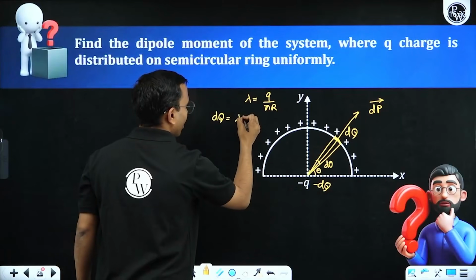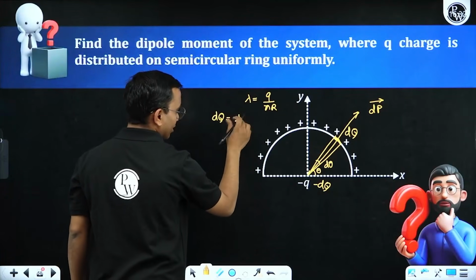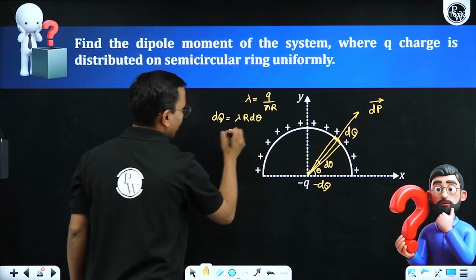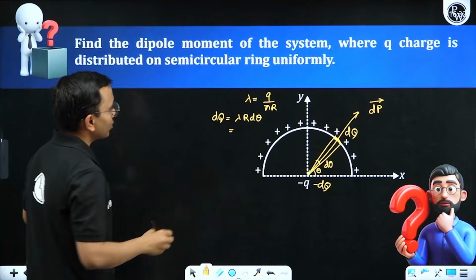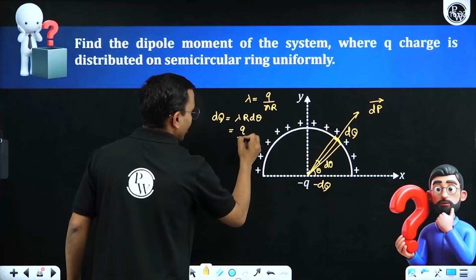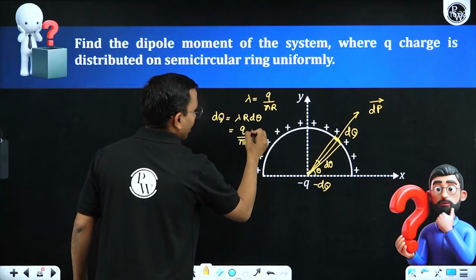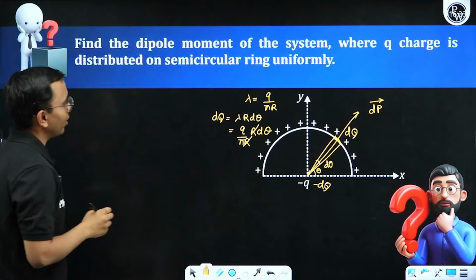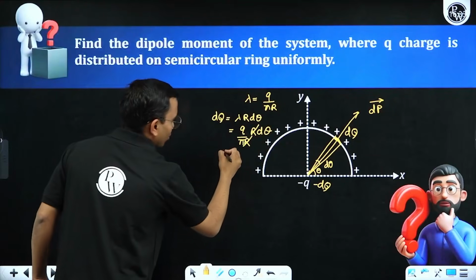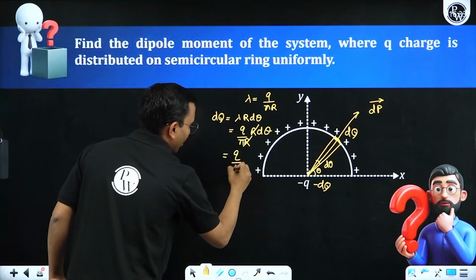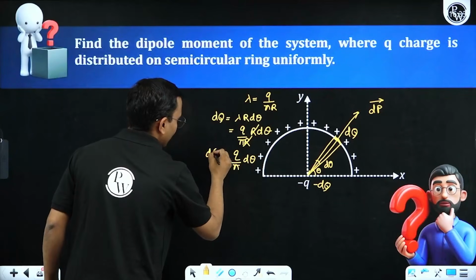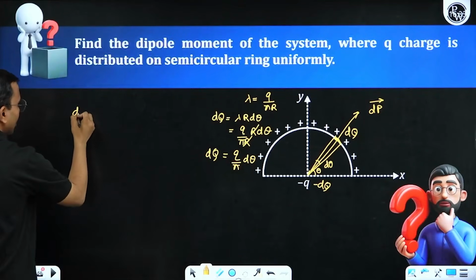So lambda, the charge per unit length, into the length r d theta. Lambda is q by pi r into r d theta. Got it? So this is q by pi d theta. This is dq.